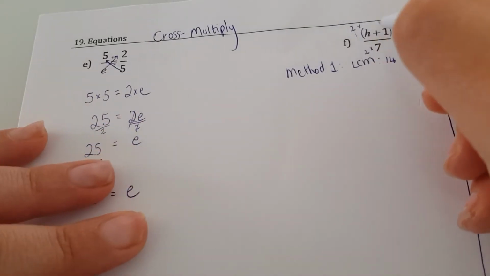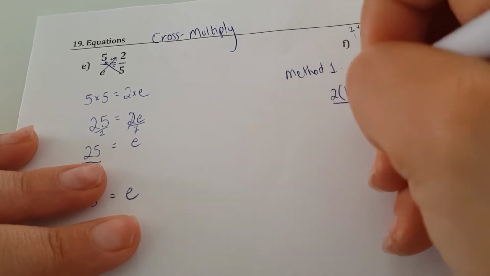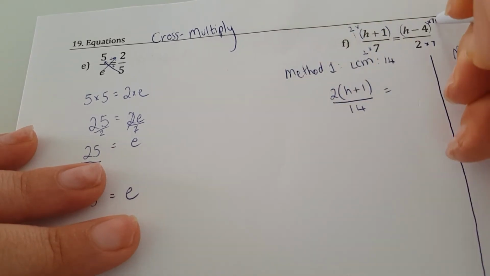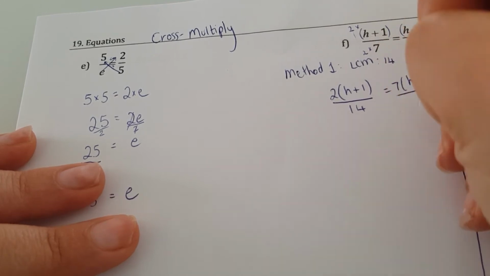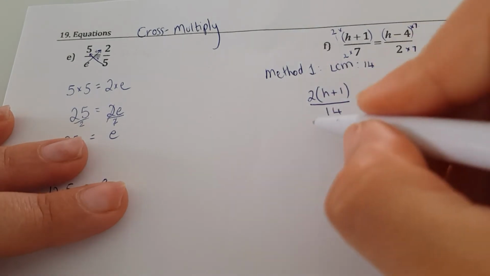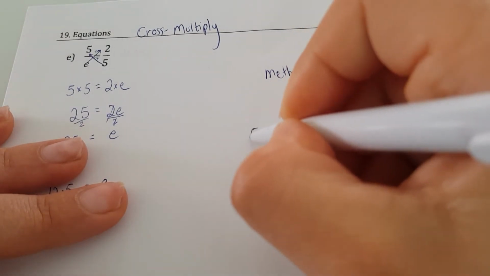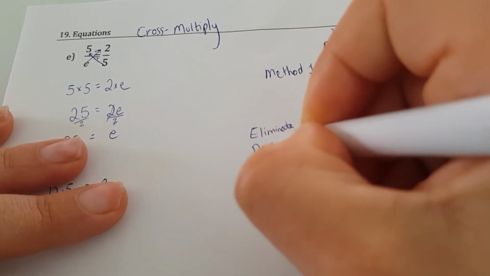So 2 multiplied by all of that on 14, and 7 multiplied by all of that on 14.